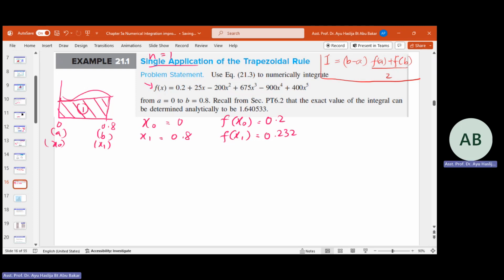The rest get the same? Tasmia, you get the same. Ruben?